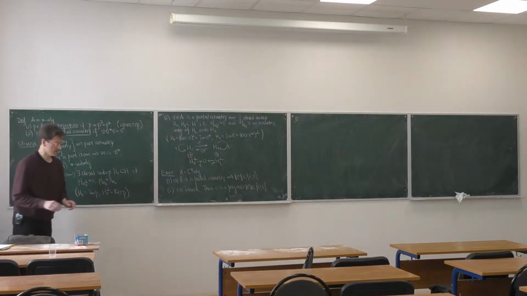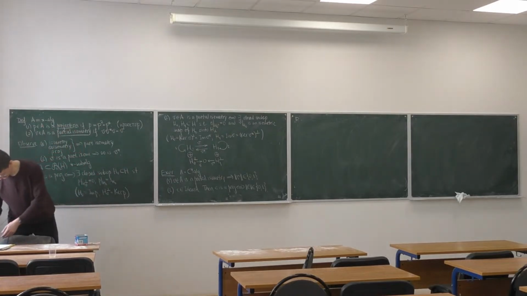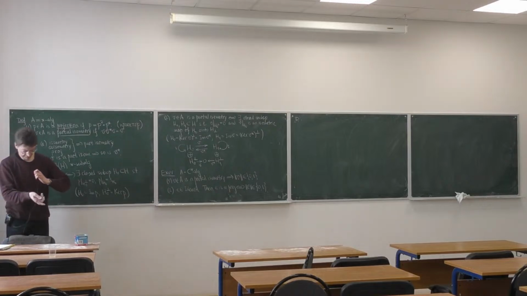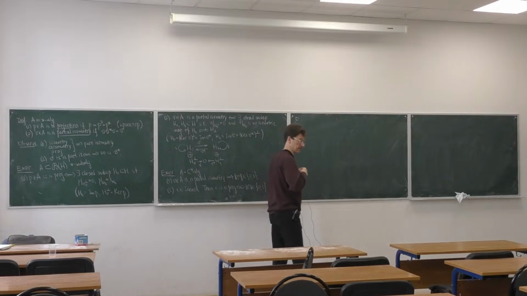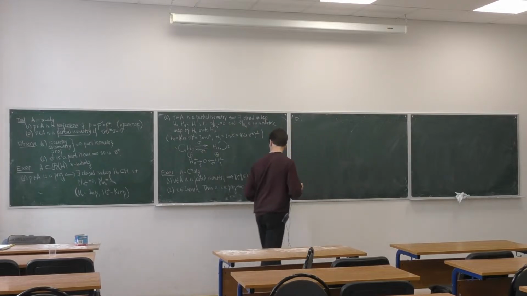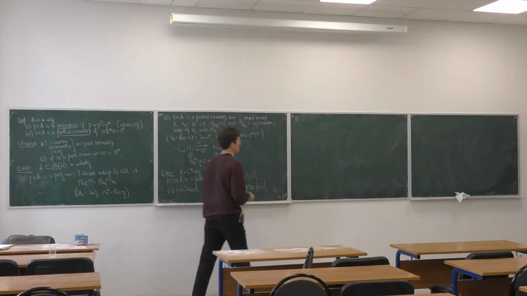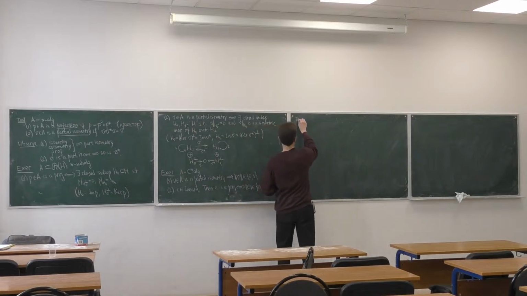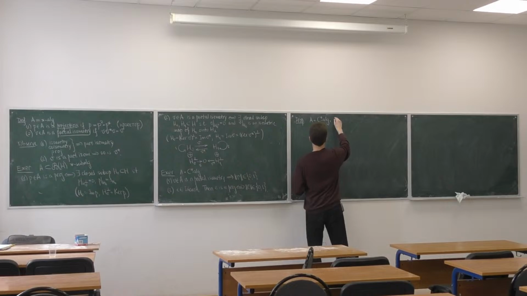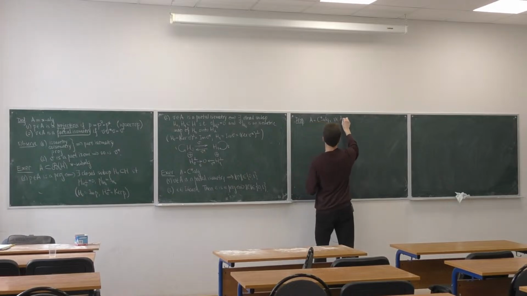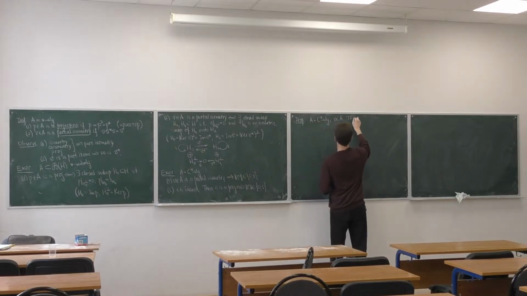Let's now characterize partial isometries in terms of projections. So we have the following proposition. Suppose that A is a C-star algebra, and v is an element in A. Then the following conditions are equivalent.